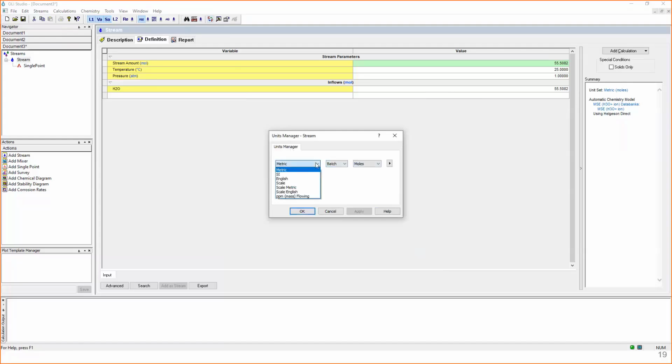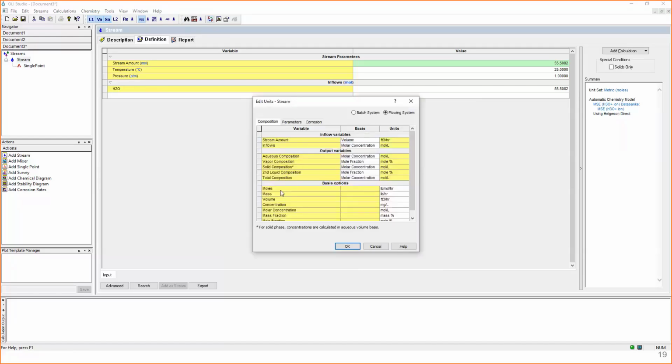Let's say you can create your own units here because you always use specific units, so you can create it here and add it to this list. Okay? But if you want to understand, for example, English flowing molar concentration, then you go to customize and see what those units are. You see that now volume is a beginning volume.